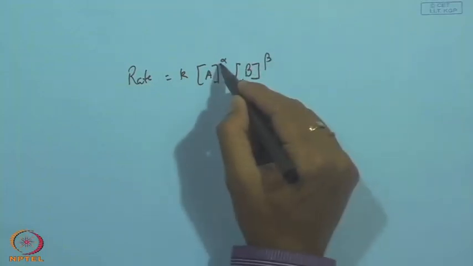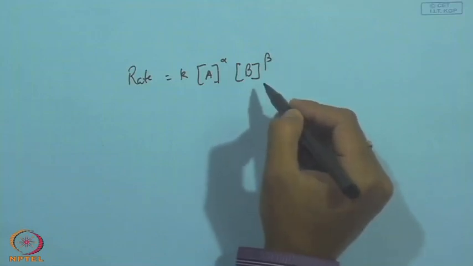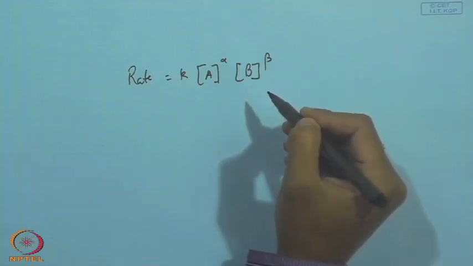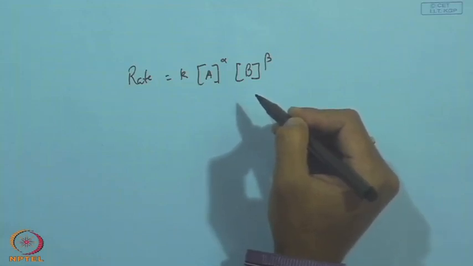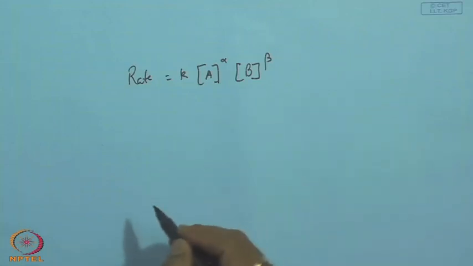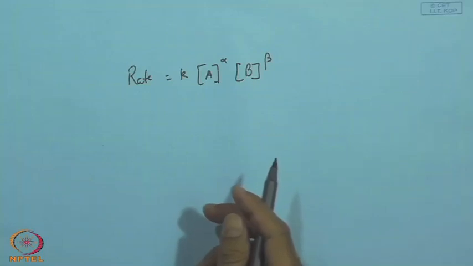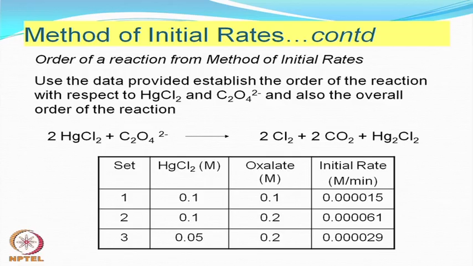What is the value of alpha and beta, and the overall order of the reaction? You can do that using the initial rate method. And we also studied various types of kinetics like zero order, first order, second order, third order, and also nth order.